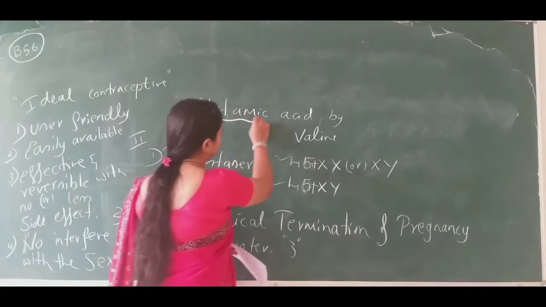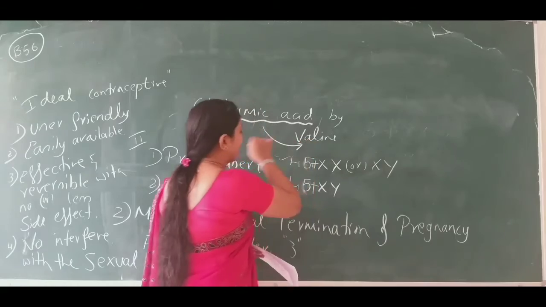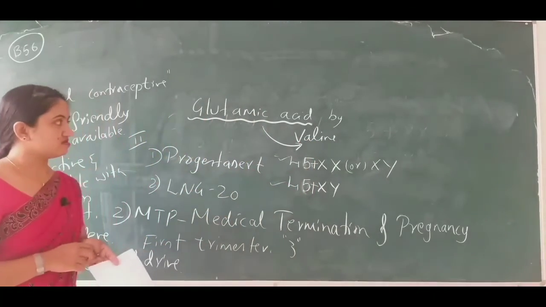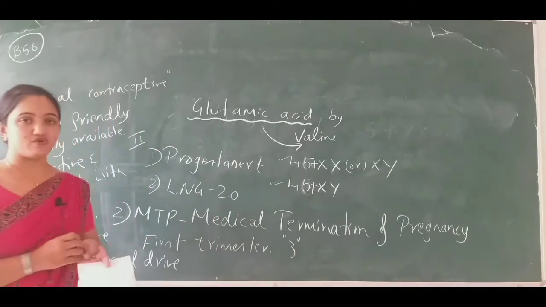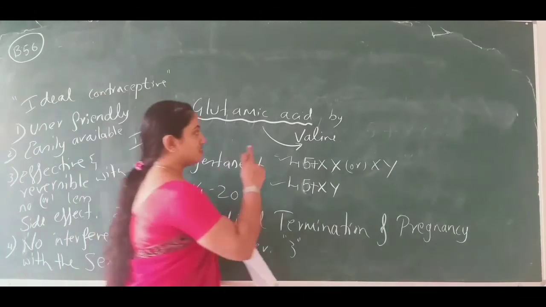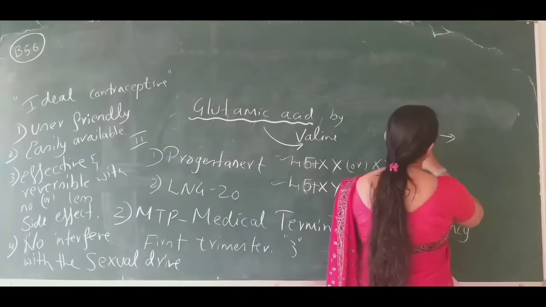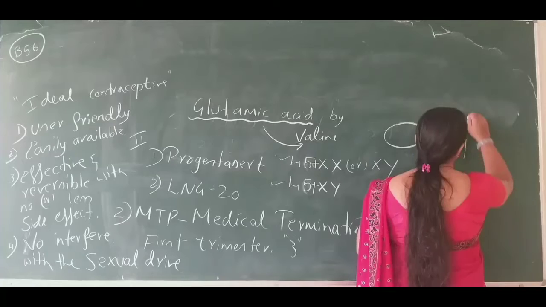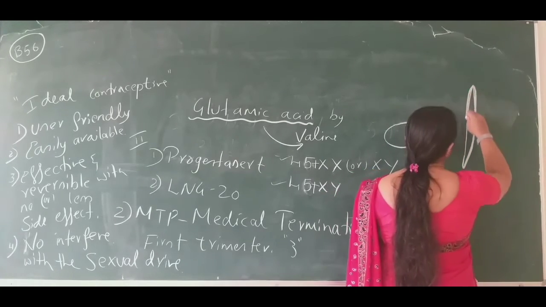So glutamic acid is replaced by valine amino acid. Because of the mutation occurs in this amino acid, the shape of the RBC changes from spherical to sickle shape.